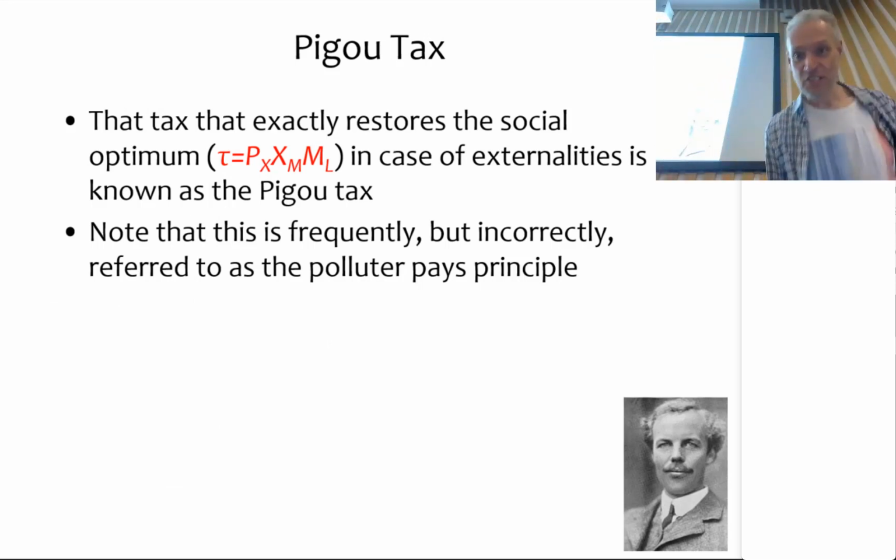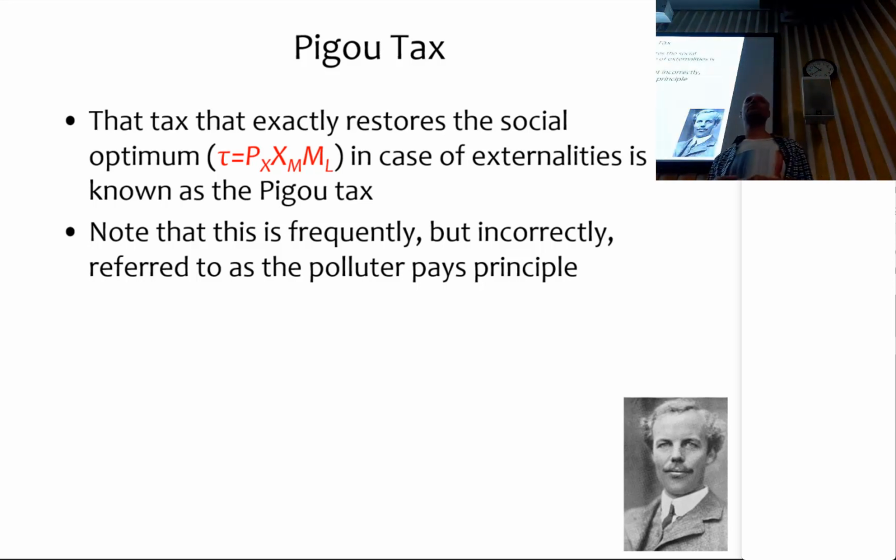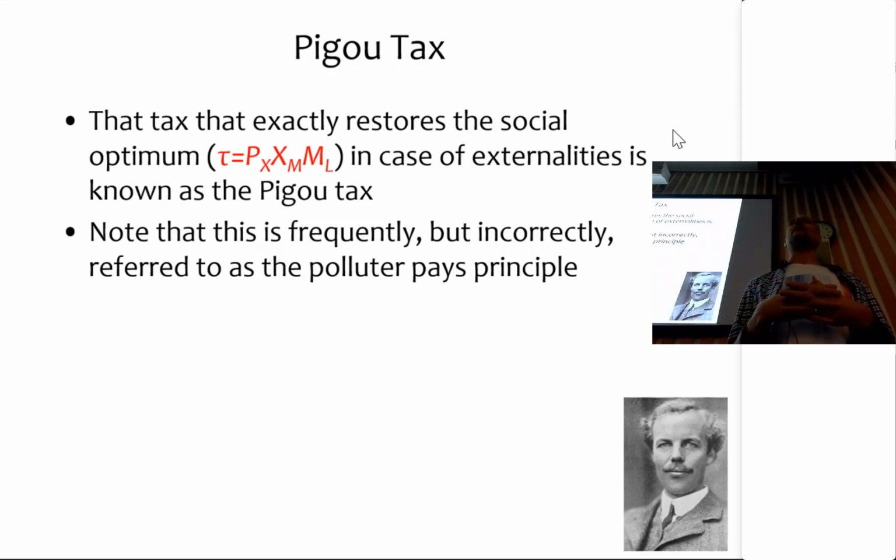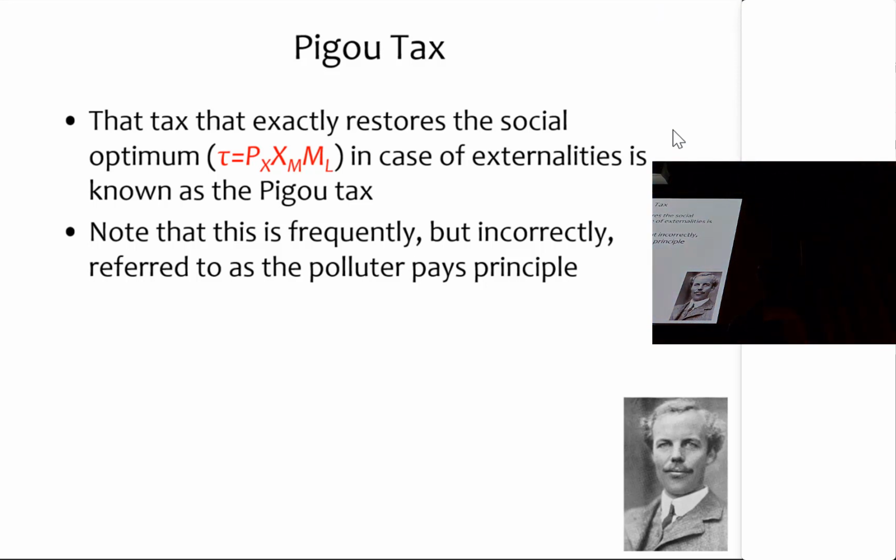Now, some people refer to the Pigou tax, or the imposition of a Pigou tax, as the polluter pays principle. That is not the same thing. The polluter pays principle simply says the polluter should pay, whereas the Pigou tax also specifies how much the polluter should pay.